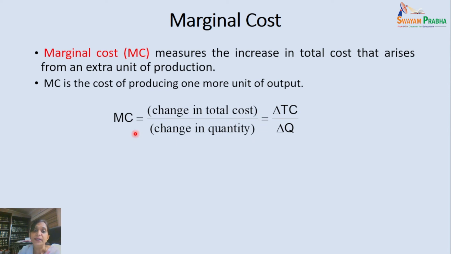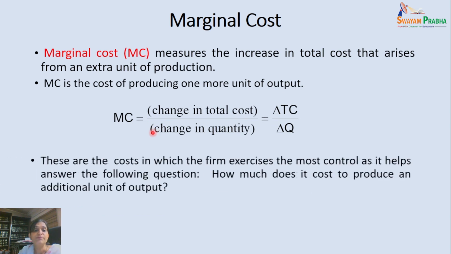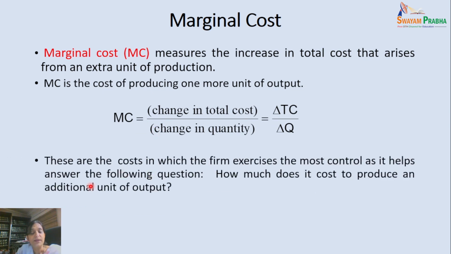How is it shown? It is the change in the total cost divided by the change in quantity produced. How much change does one extra unit bring in my total cost? That is measured by marginal cost. And this is the cost on which the firm exercises the most control.